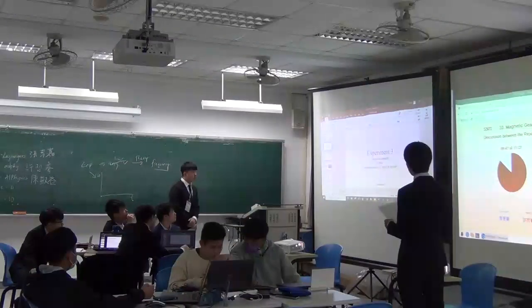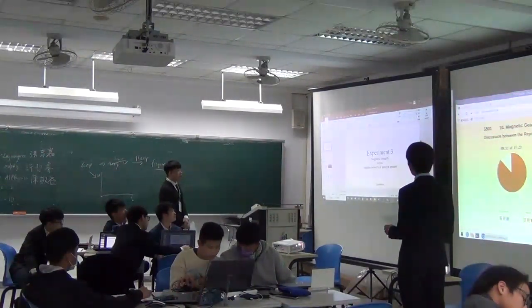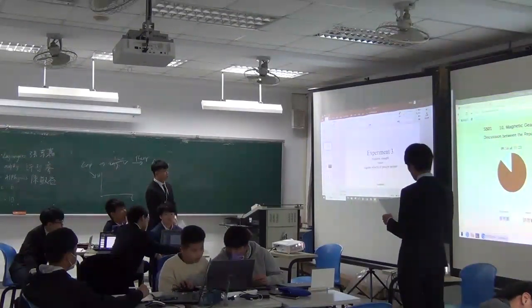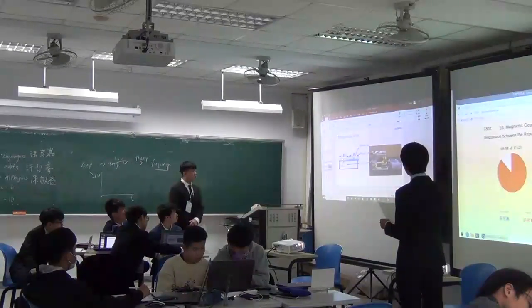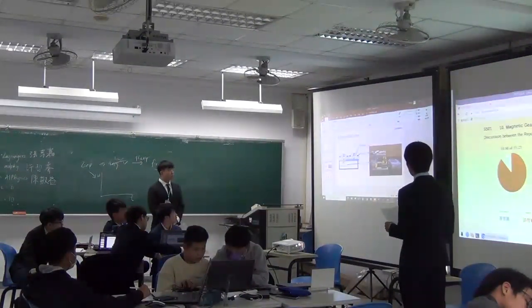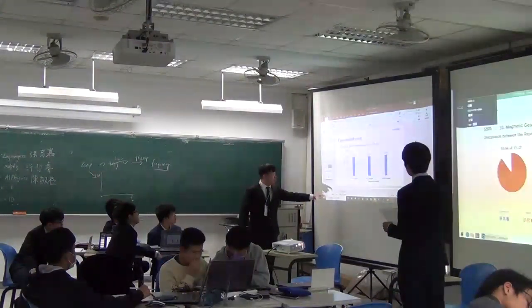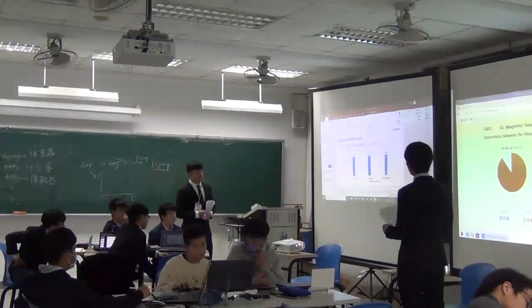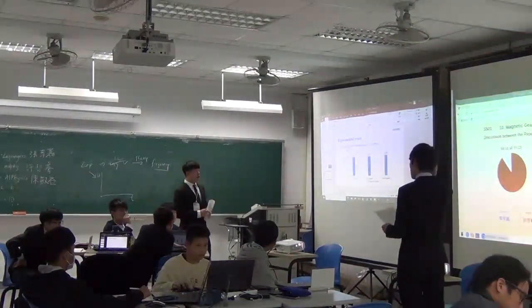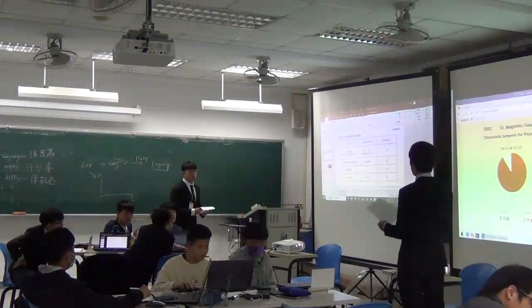So for experiment 3, the independent variable is the number of magnets, right? Yes. Is it the number of magnets on one blade or the total number of magnets? You said you changed the number of magnets, and I want to ask how you define the number of magnets.